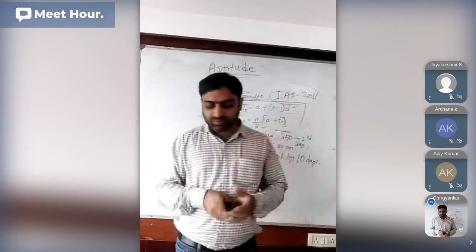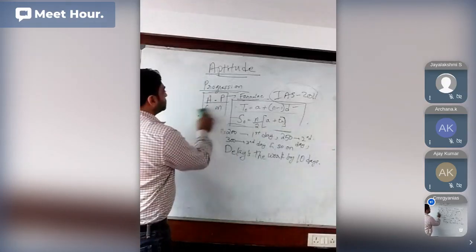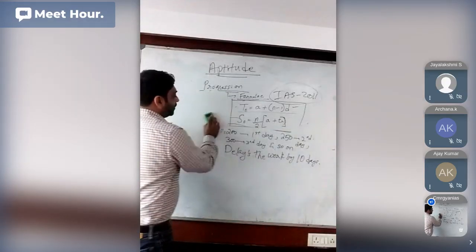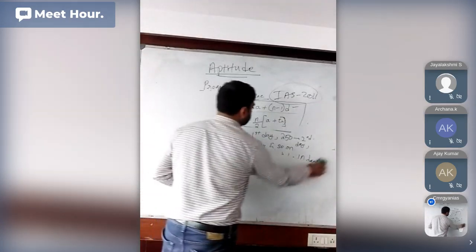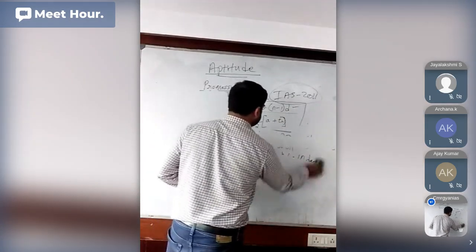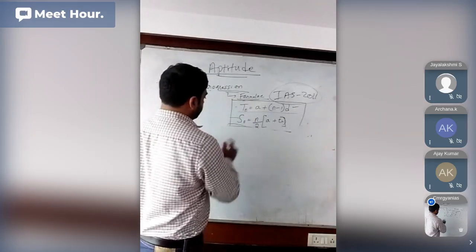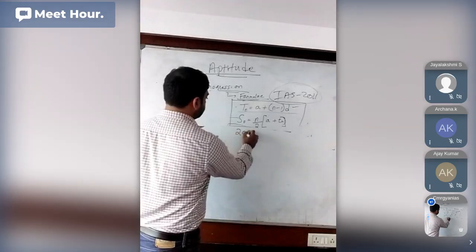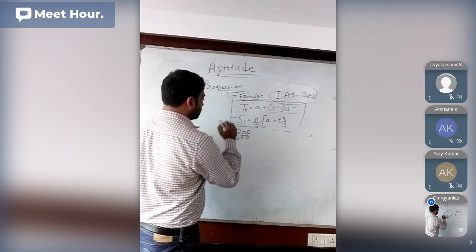Done? Okay, now let us put it this way. The question is that for day 1 the penalty is rupees 200. For day 2 it is 250.